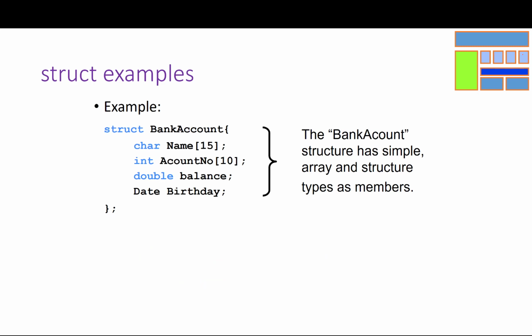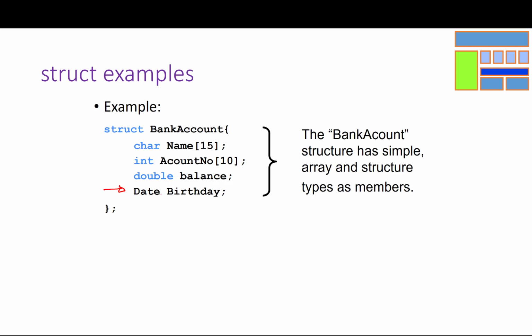This is another example for bank account: name, and then account number, and then balance, and finally date of birth. Okay, and remember, date here is already a struct, so you can have a struct inside a struct, and this is somehow complicated, but still it can be done, right?